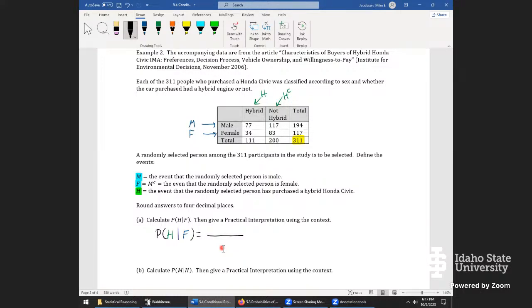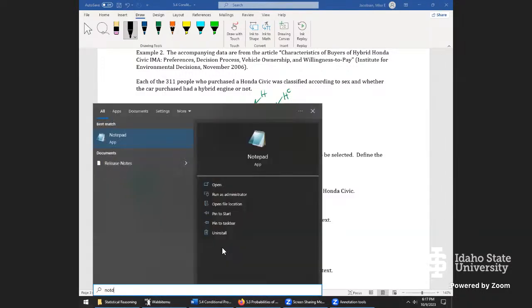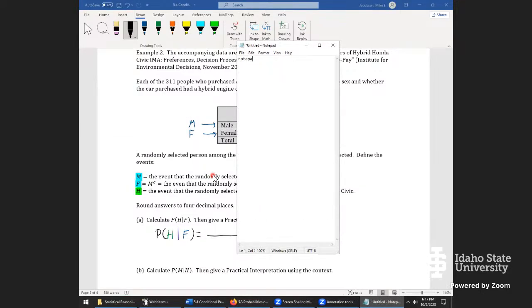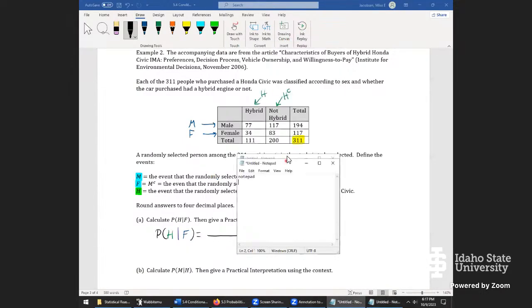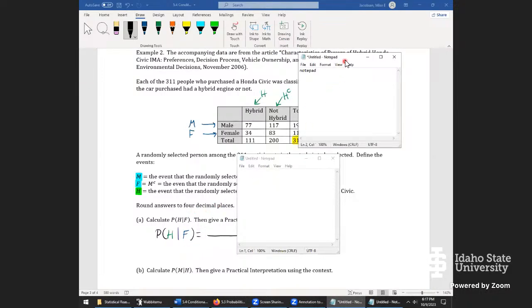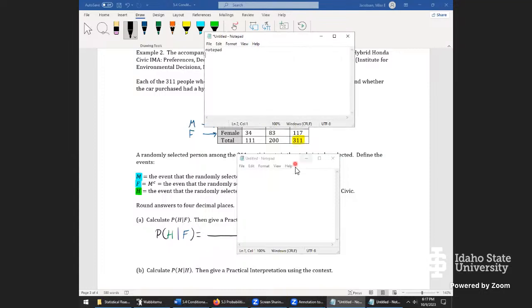If we're not sure, here's always a great idea. Grab a note card. Your note card could look like this. Grab 2 note cards and just kind of go like this. So if it says given F, essentially all of your information is right here.